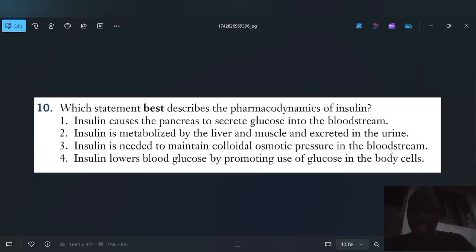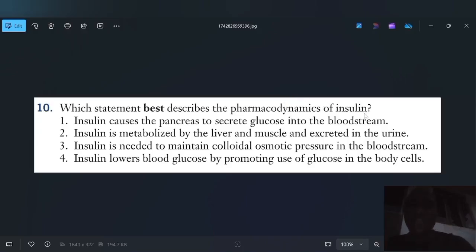So, just the best mnemonic is dynamics, which has A, so mode of action, whereas kinetics has E, which is the metabolism of this drug. So when you look through the options, what was the pharmacokinetics? Pharmacokinetics was insulin is metabolized by the liver and muscle and excreted in the urine.